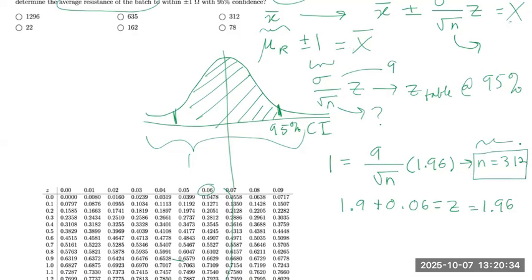Yes, we actually got n is equal to 311.1696. But we always take the ceiling of this value, which means that even if this value is 311.1 and it would usually round down to 311, we play on the safe side and we round up to 312. So that is the correct answer.